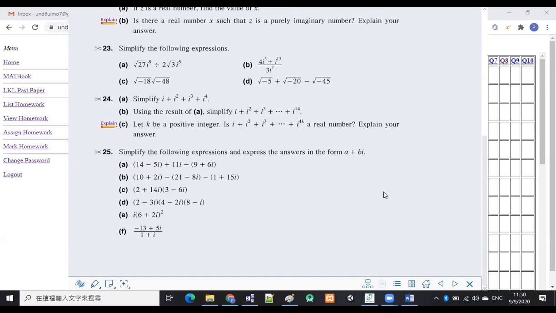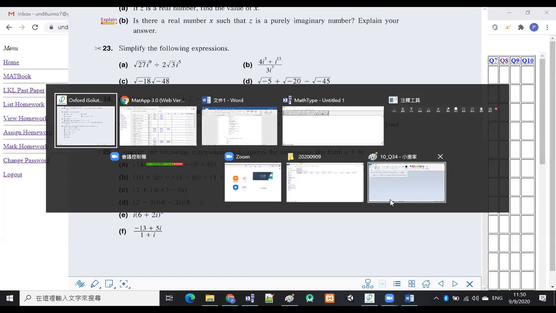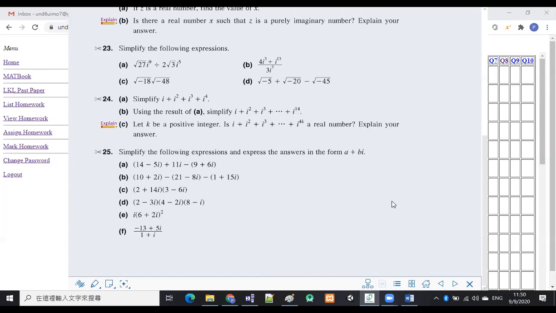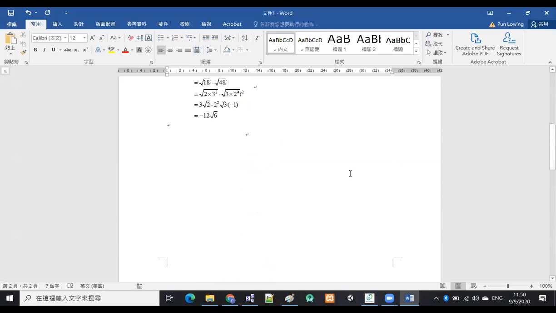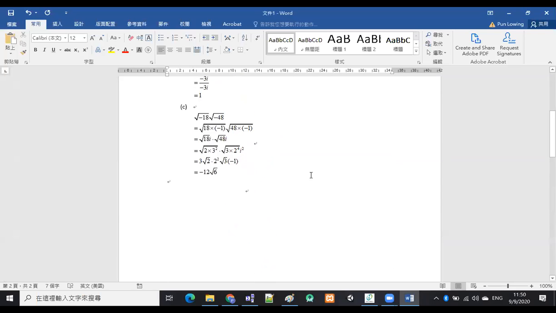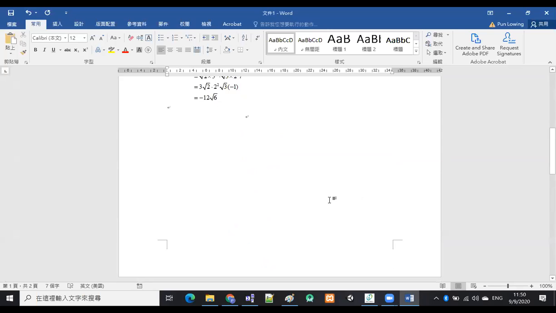Okay, 23 solution is 23C. Is this one? Yeah. Can you see this? Okay, good. 24.